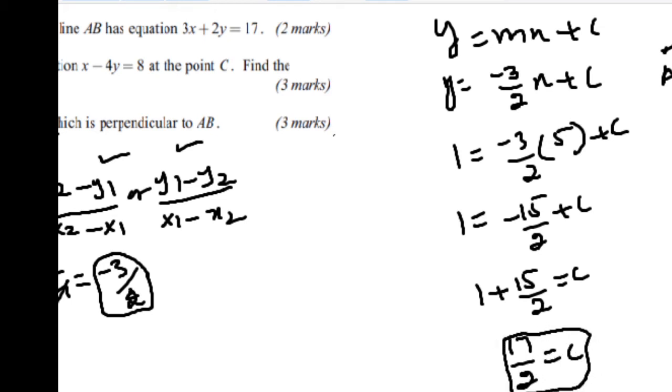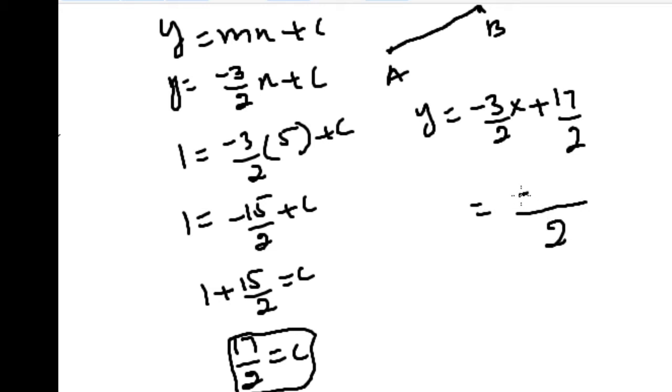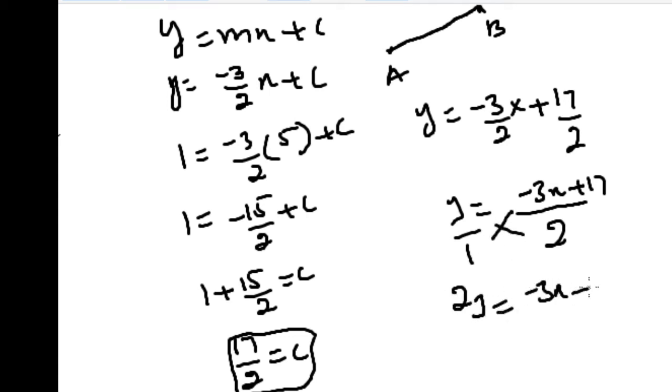Now what is the equation? The equation becomes y is equal to minus 3 over 2x plus 17 upon 2. Now I'm taking the LCM here too. So 2y is equal to minus 3x plus 17. Bring 3x here. So 2y plus 3x is equal to 17.